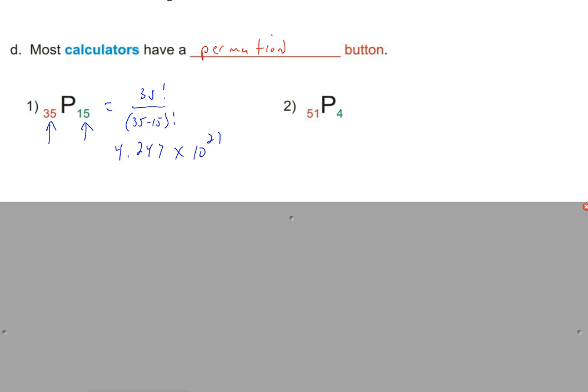Older ones just show you like 4.247, etc., and then you'll see an exponent up to the right of 21. And you have to know it's scientific notation and put in the times 10. So again, how do you punch that in? Usually 35, then the permutation button, then 15, and then enter or equals on most calculators.